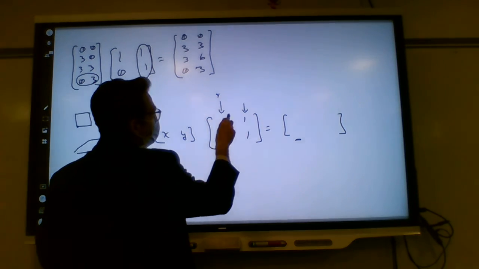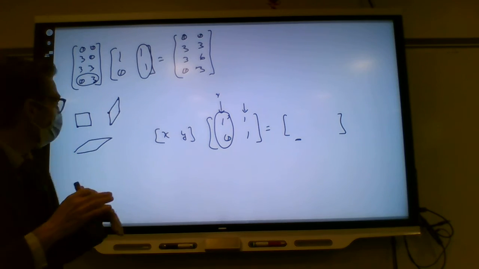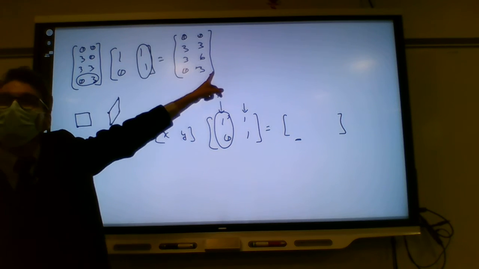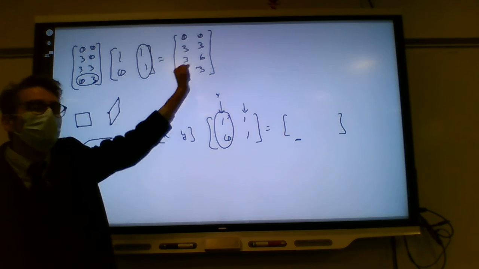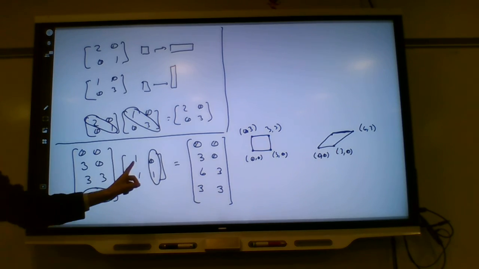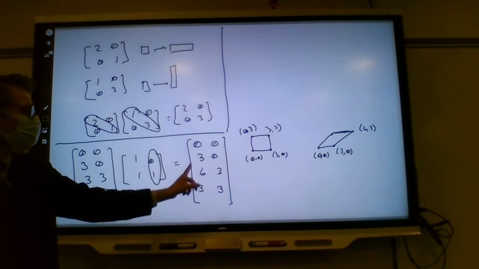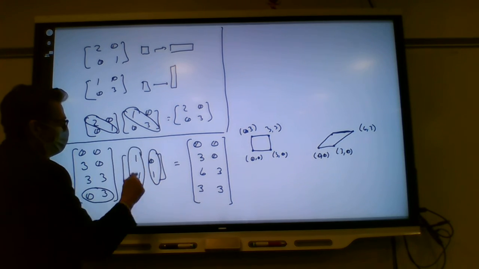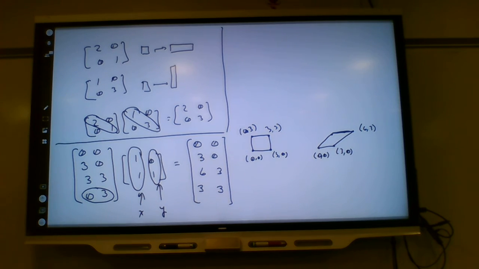Right, so what happens here? This column looks like that, so the x value doesn't change at all, but the y value changes. And if you look at this picture, X values didn't change at all, but Y values, if they changed, right, the change happened on the Y side. In this one, none of the Y values changed, and any changes that took place on the X side. Because this is saying, hey, what's going to happen to the X's? This says, hey, what's going to happen to the Y's? Make sense?